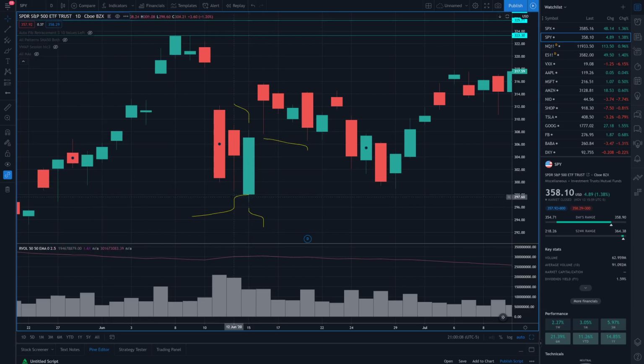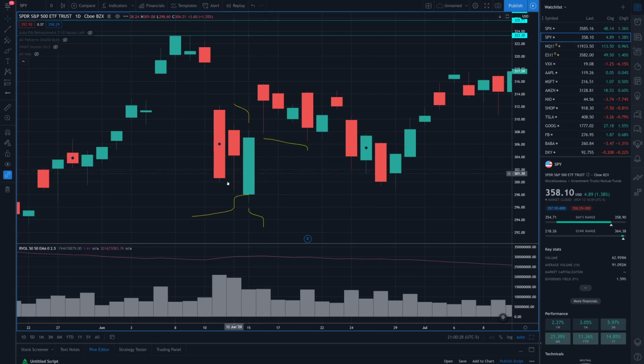this stock opened at 298.07, which you can see on the right, and it closed at 307.03. That's where it closed.